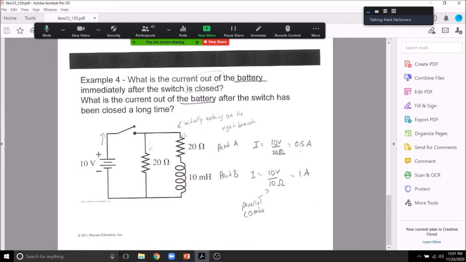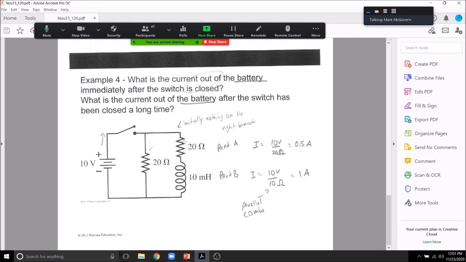You're not going to have anything going through the right at first because the inductor is initially going to resist the change. There's nothing resisting that change in the middle branch, so current can go through there, and it's almost like the right-hand side of the circuit just doesn't exist initially.